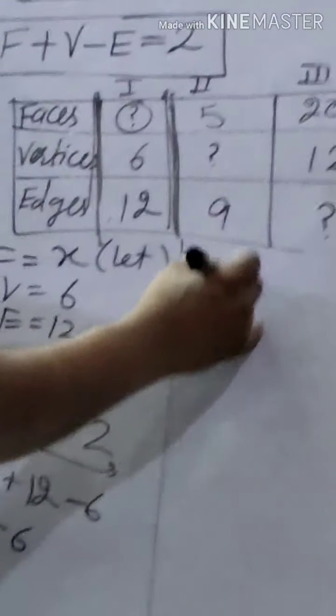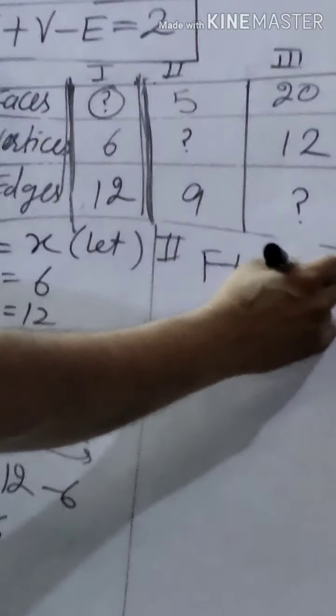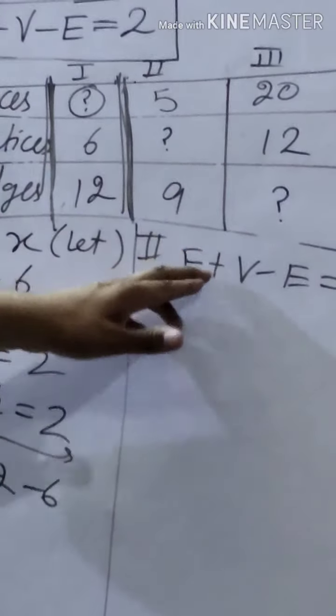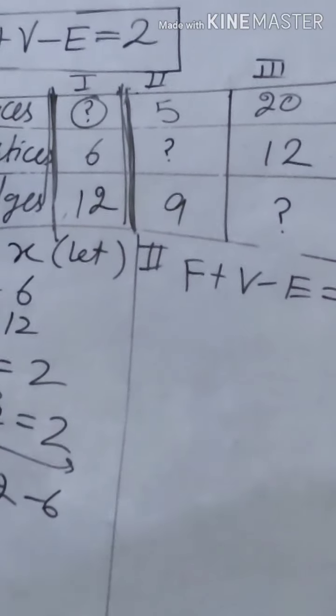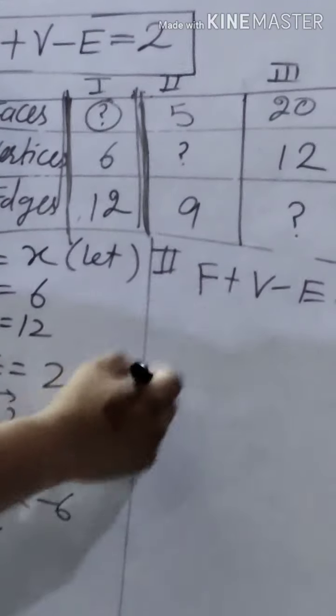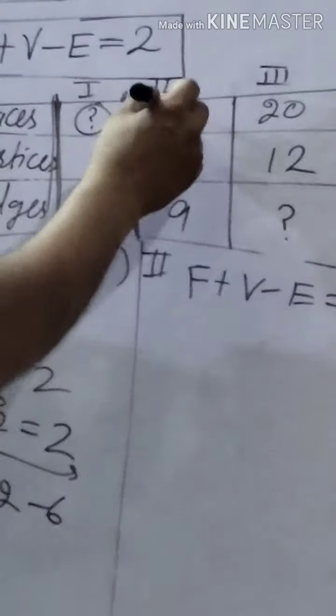Can you tell with me the second part? First write the formula. Now you can do it fast also. Faces plus vertices minus edges is equal to 2. Clear? So now faces 5, vertices you have to find out, minus E as 9, is equal to 2.